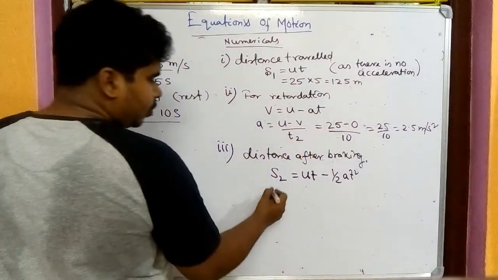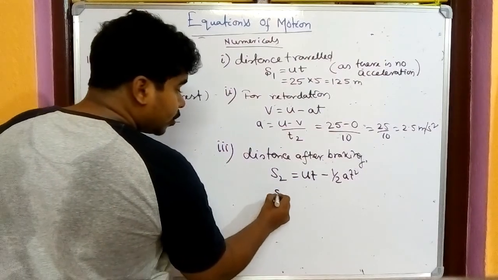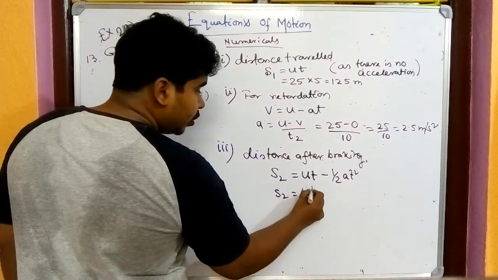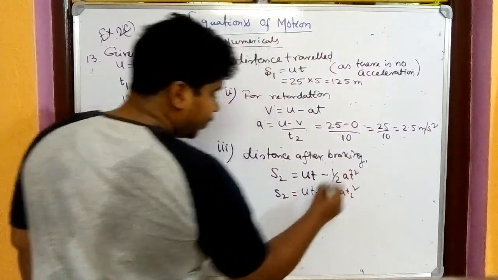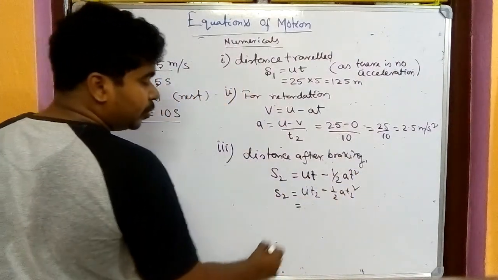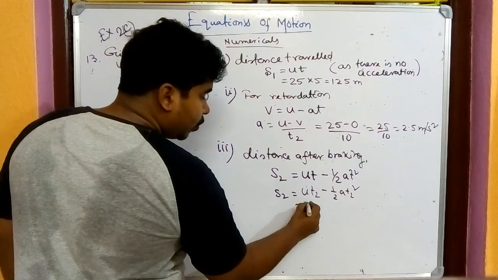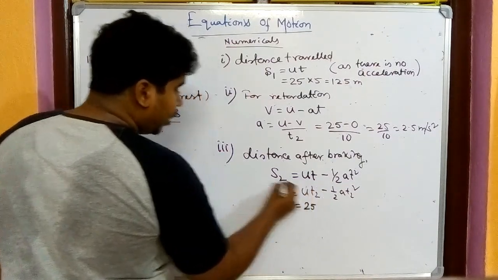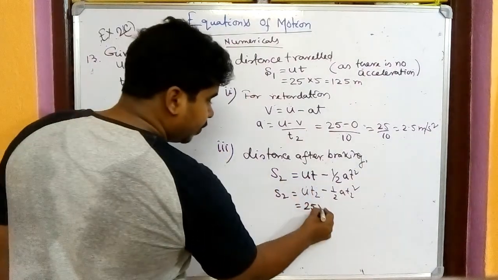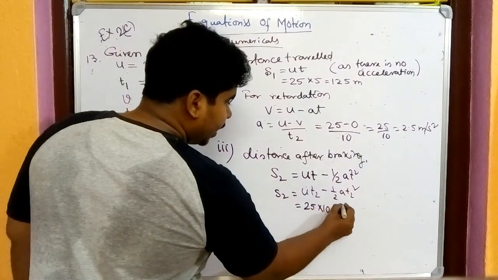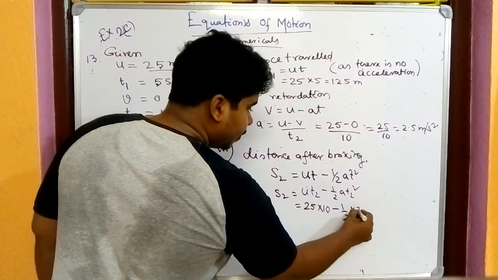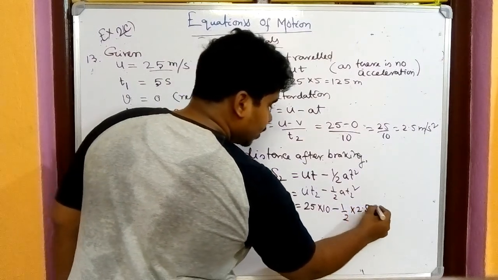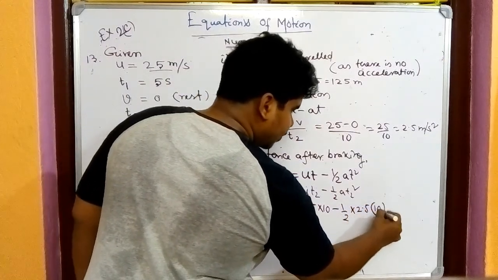So S2 equals u into T2 minus half of a T2 square. What is the value of T2? u equals 25 and T2 equals 10. So 25 into 10 minus half of a, which is 2.5, and T square means 10 square.